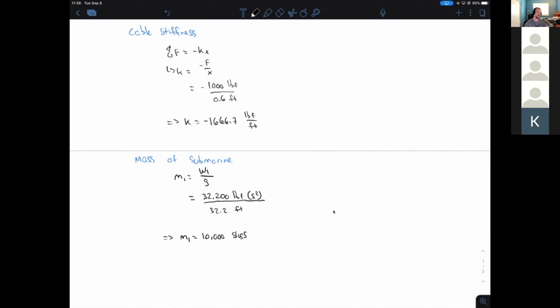Okay, so now we have everything that we need to then start solving for some of the deliverables that we need to have for the experiment. So the first one is going to be finding the maximum force in the towing cable. Okay, so we're going to get an expression for that. Okay, I need to pull everything back up. Kind of annoying. Zoom messes up all of my windows.